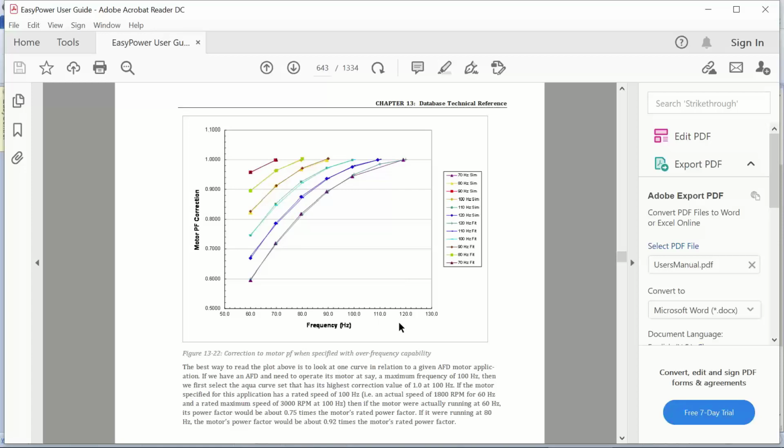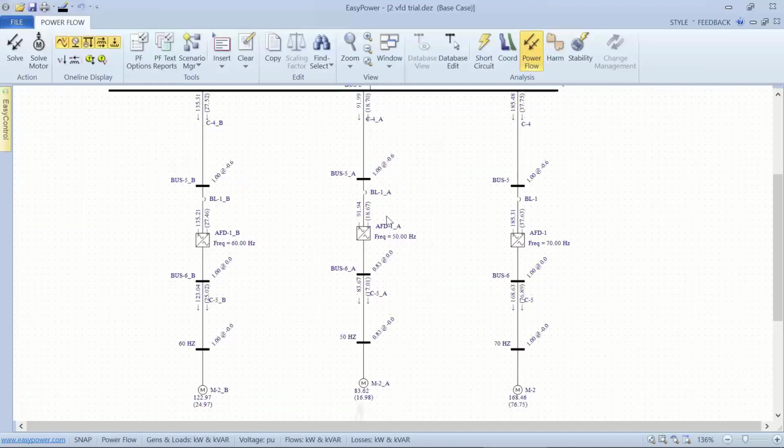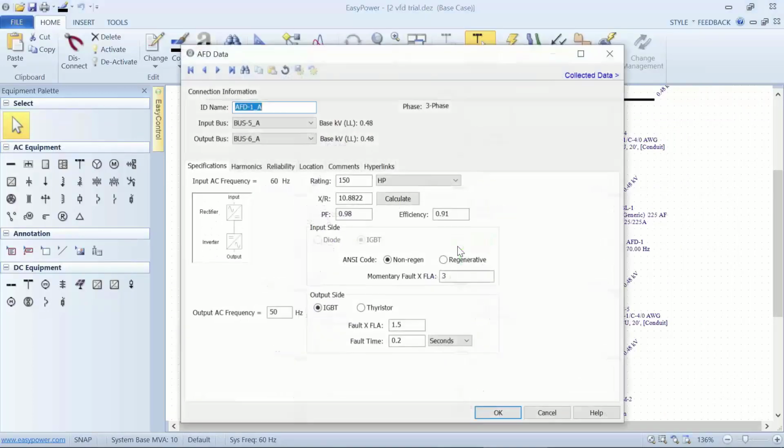Now, the point I wanted to make is that what we're really talking about is simulating an approximate result based upon factors that we're, if you will, estimating. Most of these factors that are going into these calculations are controlled by the motor, the VFD controller itself.